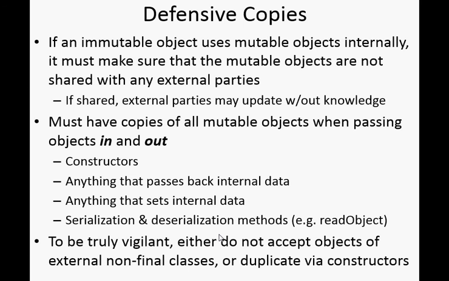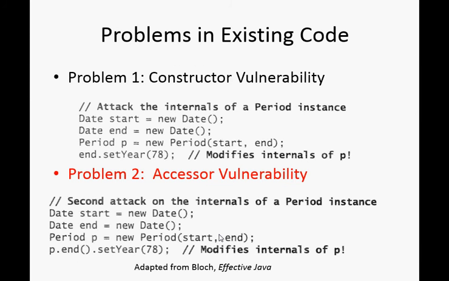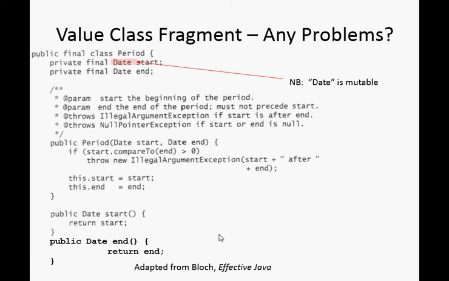Okay, subclass is one thing, but I would argue even without a subclass, if I were building a mutable Period where I do allow changing over time of start and end, but I always need start to be before end, why is it that I still have to undergo these defensive copies? Because they could change it outside of the class.